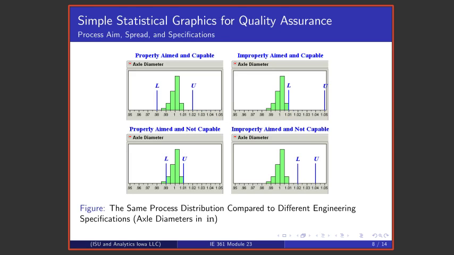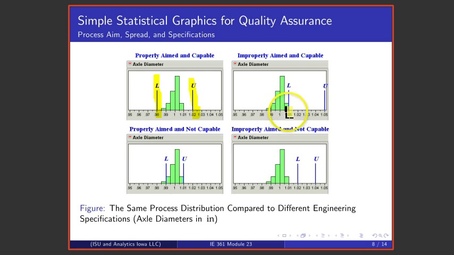Here is a graphic that shows 4 kinds of cases. If I have a lower specification and an upper specification, the upper left picture is a portrayal of a situation where process output is consistent, will fit between those upper and lower specifications, and is properly aimed to do so.